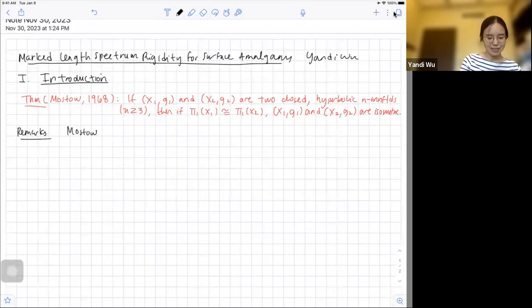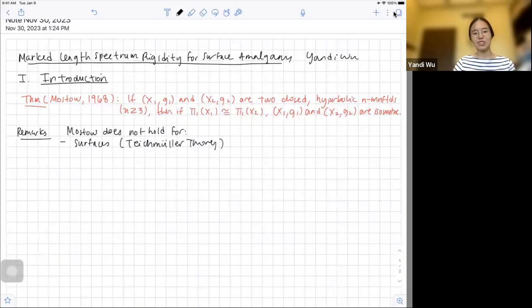So Mostow does not hold, first of all, for two-dimensional manifolds, so surfaces. This is because of Teichmuller theory. There's a whole Teichmuller space worth of metrics that you can put on a given surface with enough complexity. And also it doesn't hold once you introduce variable negative curvature.